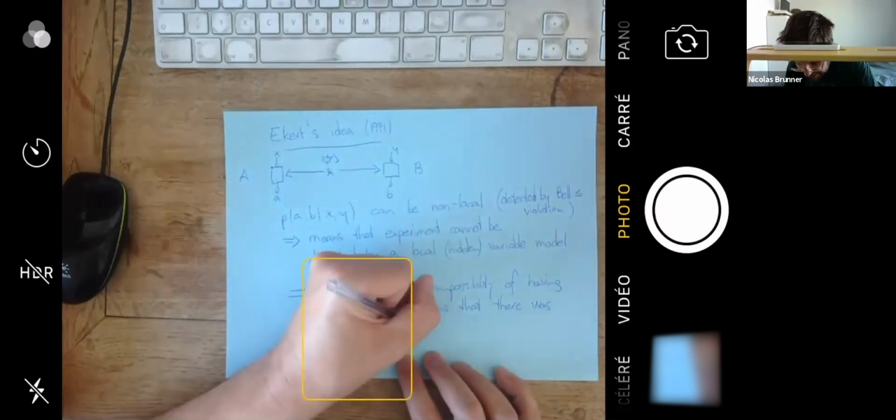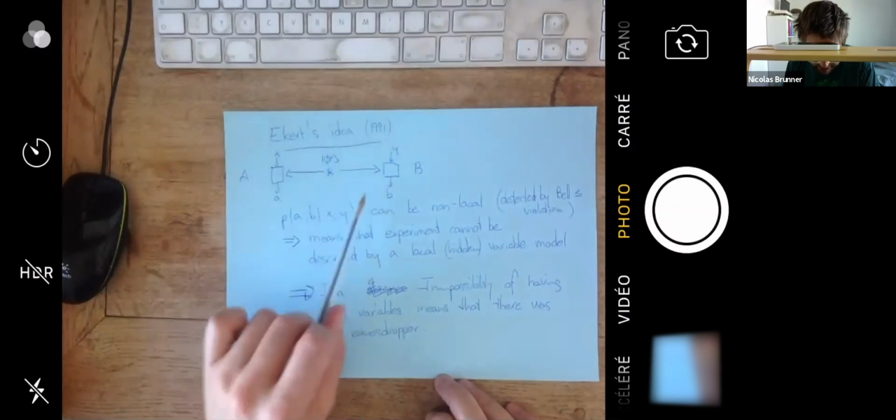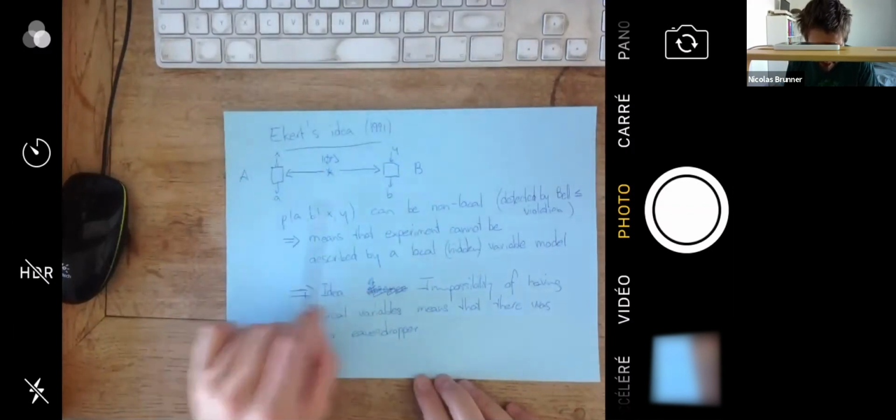Or said in more clear terms, it means that a potential eavesdropper could not know what the results of these measurements are.